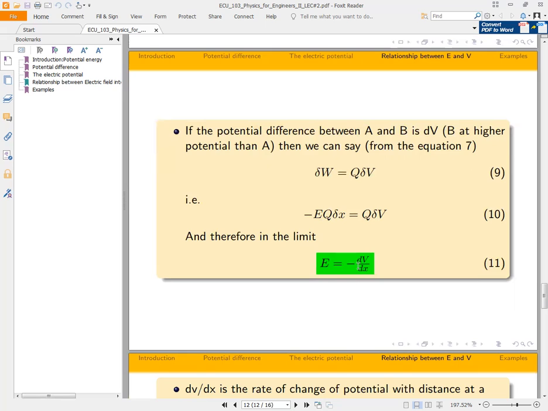In other words, if the electric field is uniform, the equation simply becomes V over x or V over d, where x or d is the distance. Equation number 11 is very important.